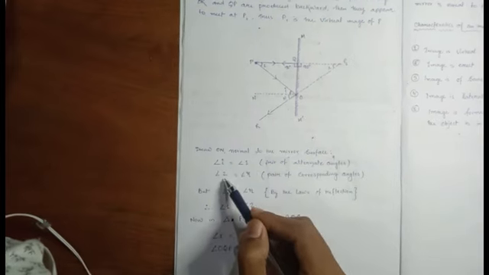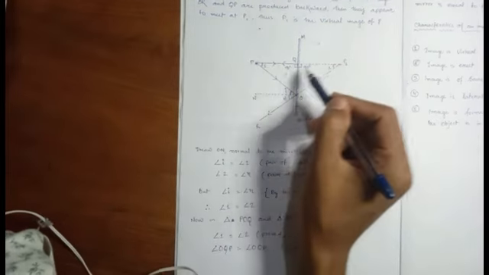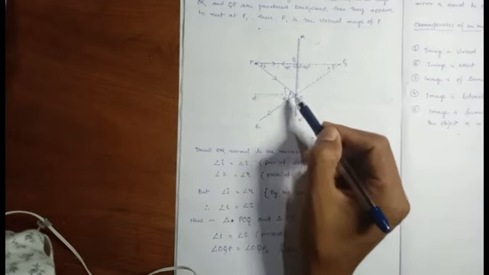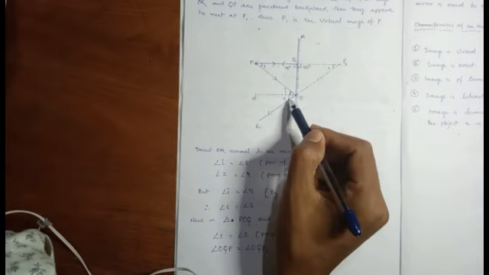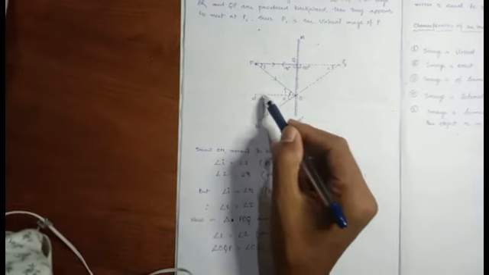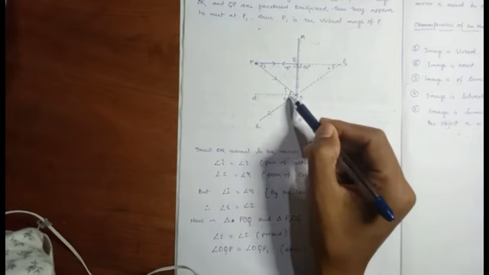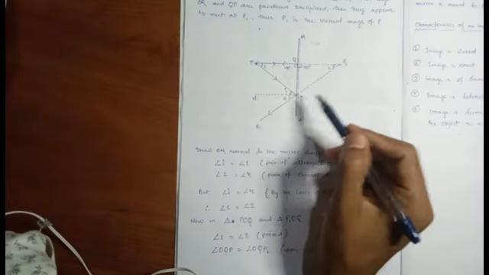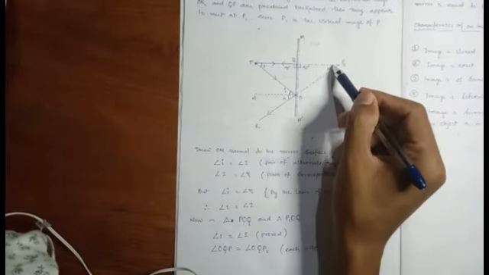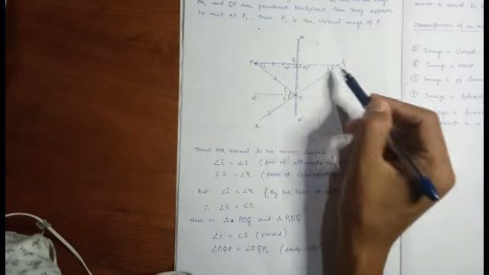And angle 2 is equal to angle R. You can see here, this one is angle 2 and this is your angle R. What does angle R mean? Angle R means angle of reflection. It is the angle between the reflected ray and the normal. So the angle of reflection and angle 2 are equal.